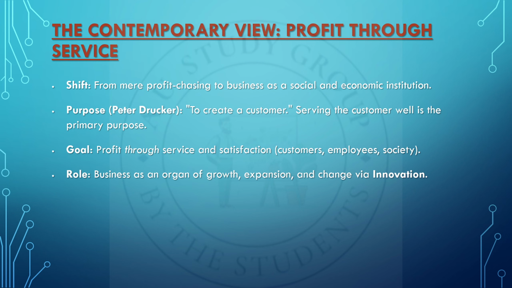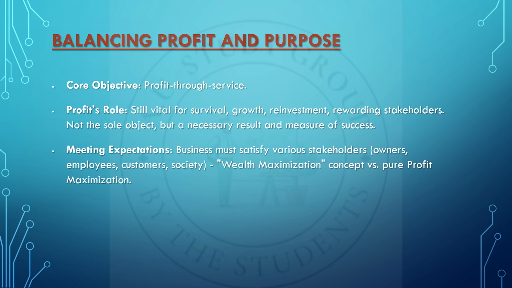So modern businesses pursue multiple objectives, often categorized based on the business environment. Their business objectives are basically categorized based on the business environment. That is how it is done.